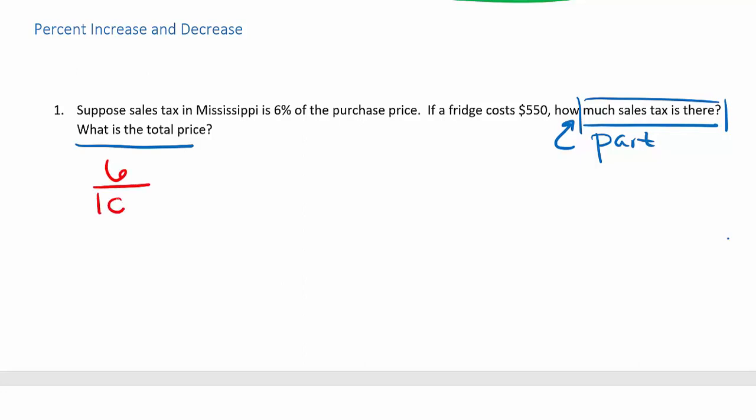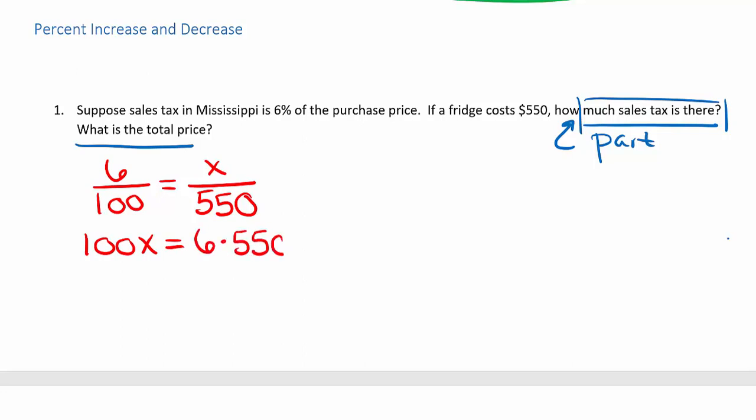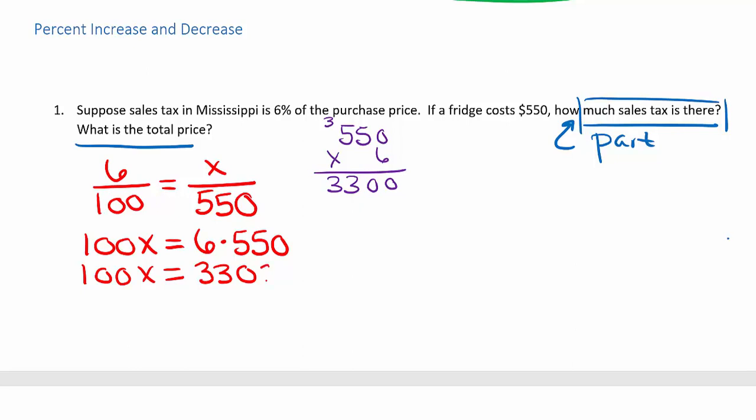So setting up my proportion, 6 over 100. The sales tax is the part, and the total cost, or the purchase price, is $550. So I can set the cross products equal to each other. And I get 100x equals 3,300. Divide both sides by 100, and x is 33.